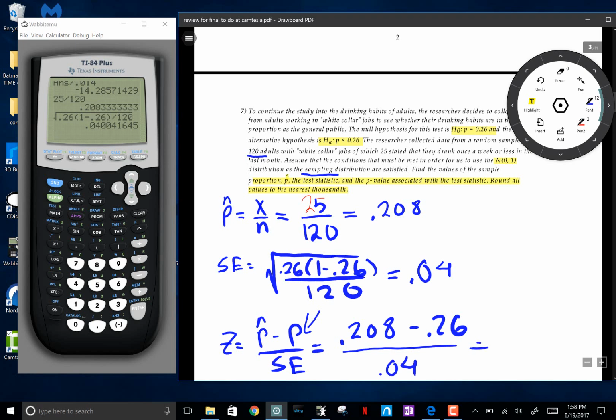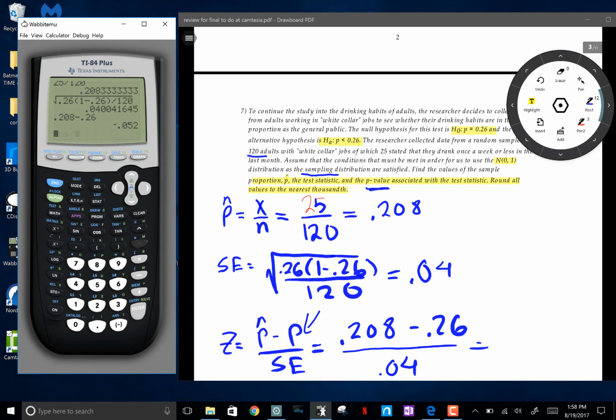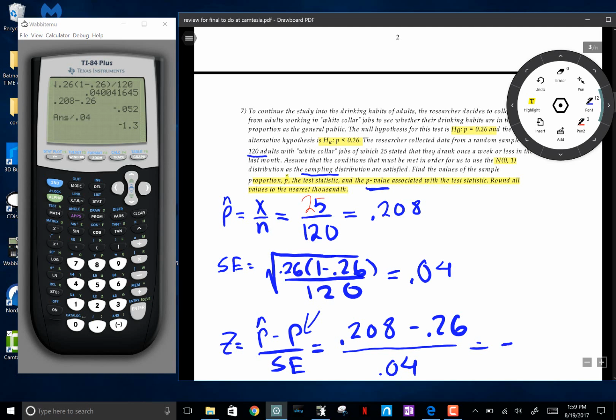Once we get this z-value, we're going to look for the p-value. If you haven't already gotten your z-table, please get it, because you're going to need it to get the p-value. So we do 0.208 minus 0.26, divided by 0.04, and we get a z-value of negative 1.3.